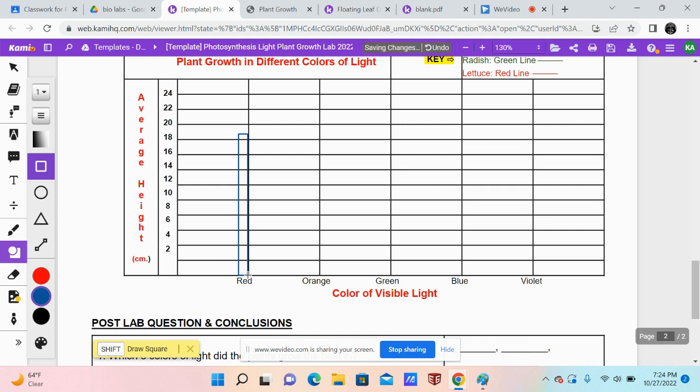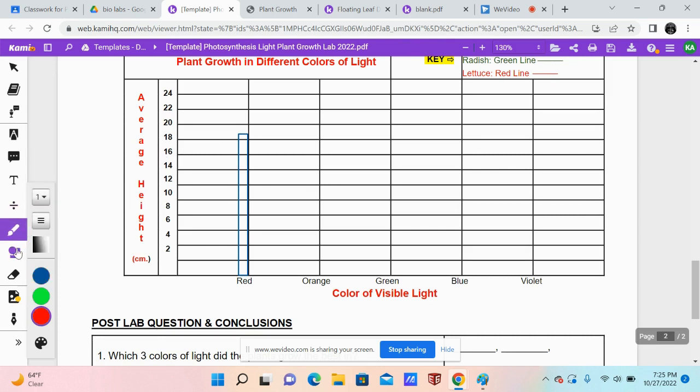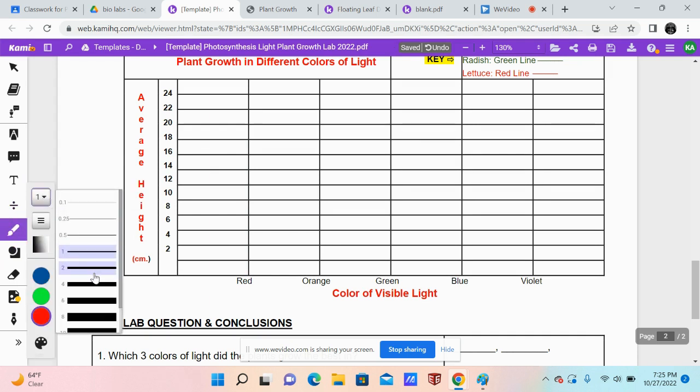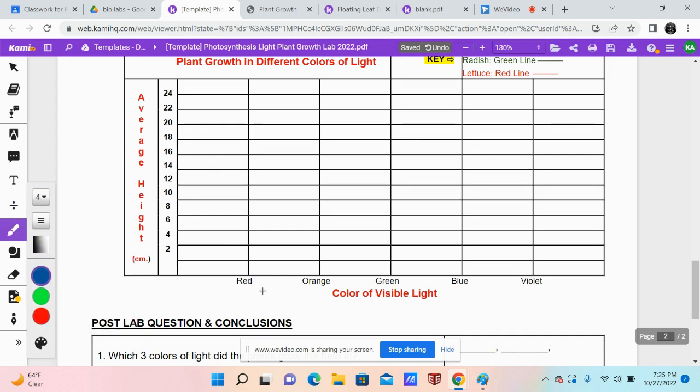You can do a bar graph, you can do a line graph. If you'd rather do a line that goes up and down, you can do that. It doesn't really matter. You can do a bar graph like this, or if you'd rather, let me erase this, you can just put a dot. So in red, it's 18.5. So you can put a blue dot right about there. And I don't know what the next one is, but let's say it's right here.